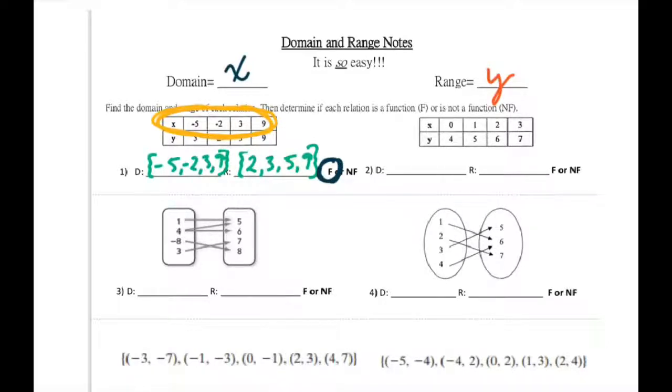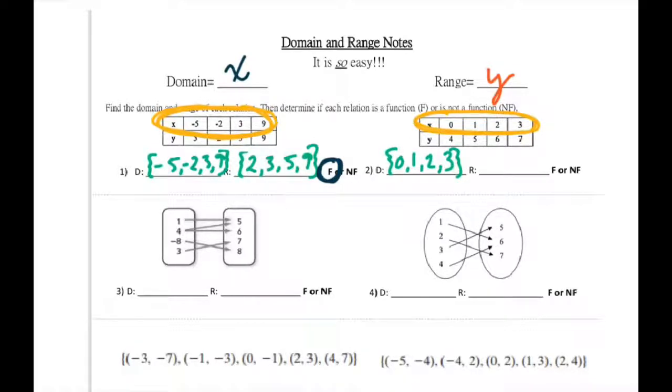We're going to do the exact same thing with number 2. Again, domain is my X's. Domain is almost always already written in order for you, so domain's really easy. The domain of this table is 0, 1, 2, and 3. Those are my X's.